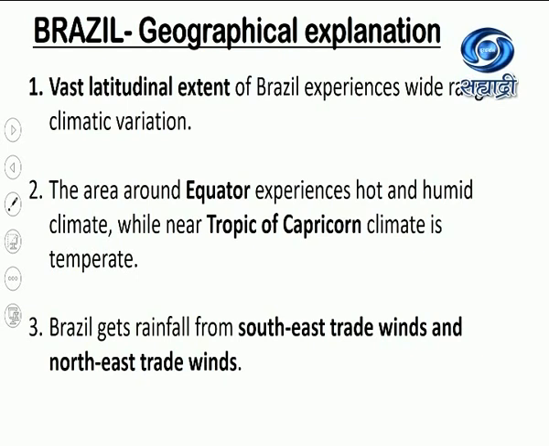The vast latitudinal extent of Brazil experiences a wide range of climatic variation. The area around the equator experiences hot and humid climate, while near the Tropic of Capricorn, climate is temperate. Brazil gets rainfall from southeast trade winds and northeast trade winds that were shown on the map with the help of the arrows.